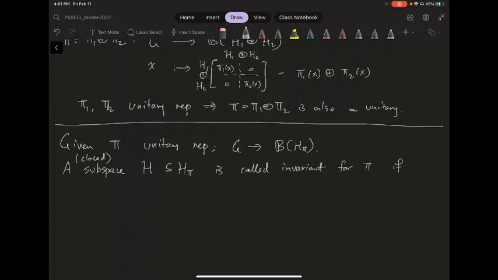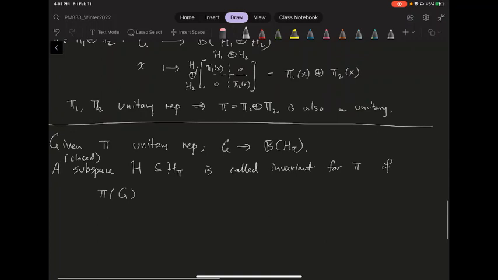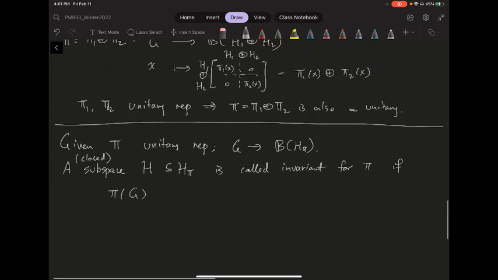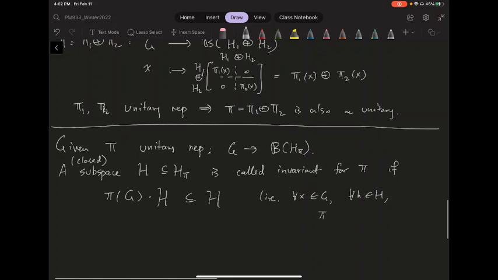if the following happens: whenever I have π(g), which is basically a bunch of unitaries, and I apply it to H, then I always get something inside H. In other words, if you take any x inside G and any h inside H, then π(x)h is still inside H. Then H is going to be invariant.